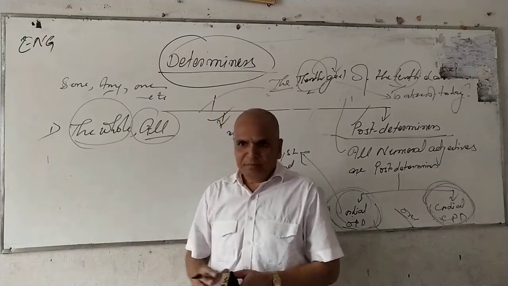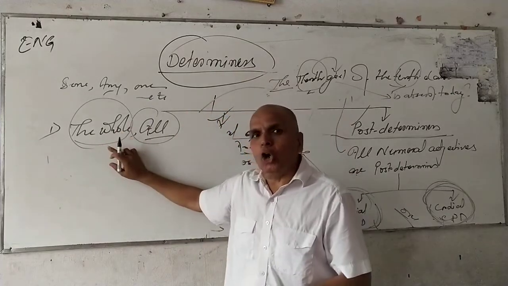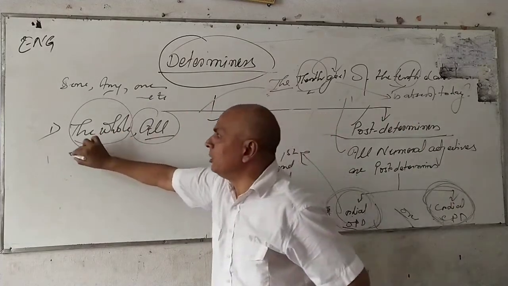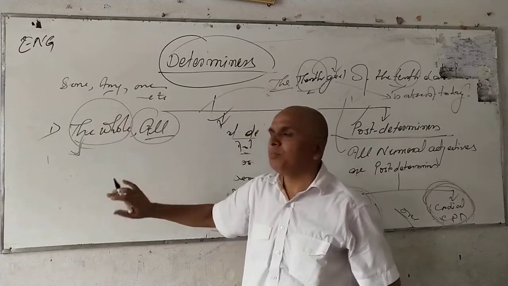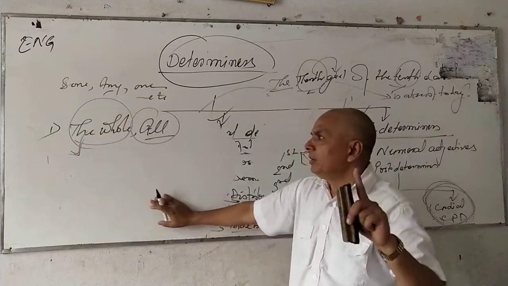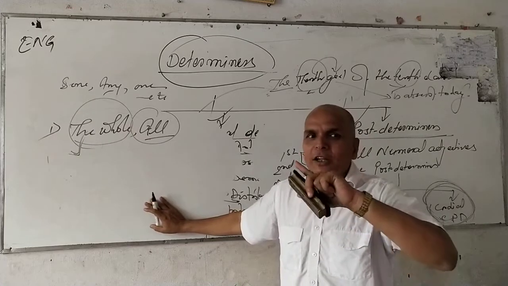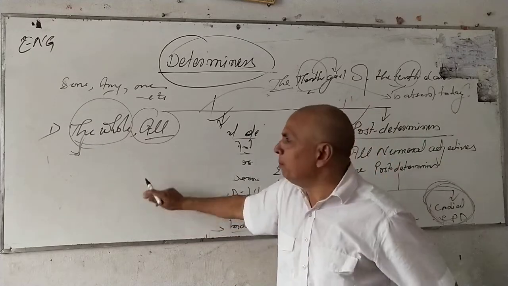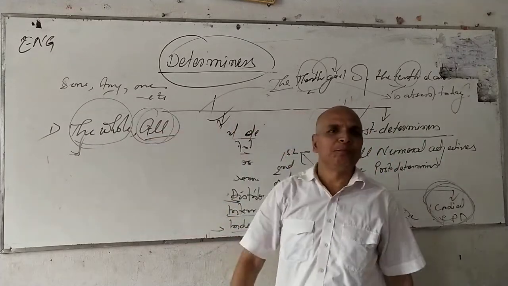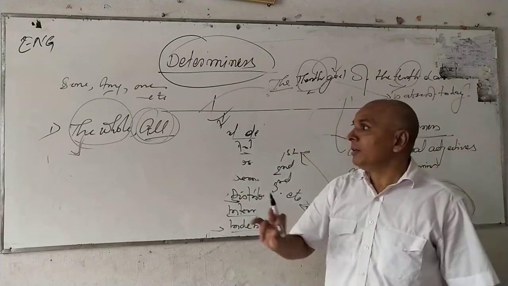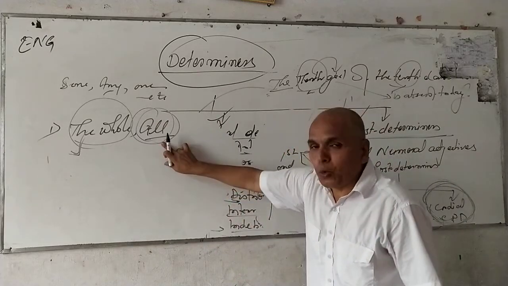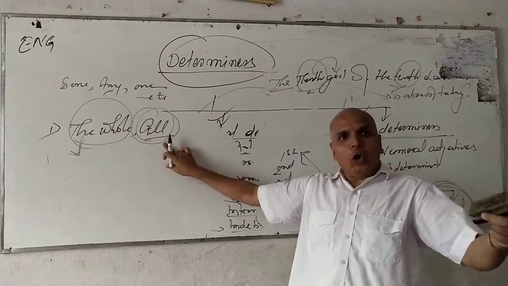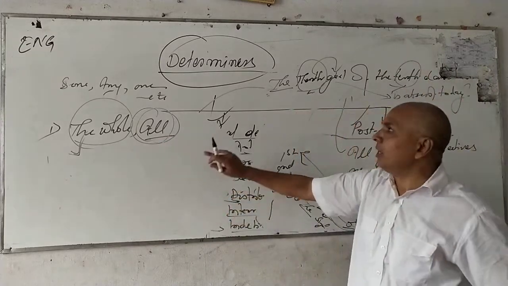Difference number one: the whole is always supposed to come with the article the. But the article the will never come before all. Because all is a quantifier and it is always supposed to come before the definite article the.